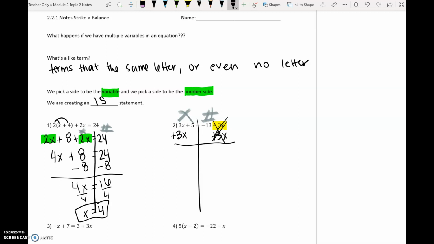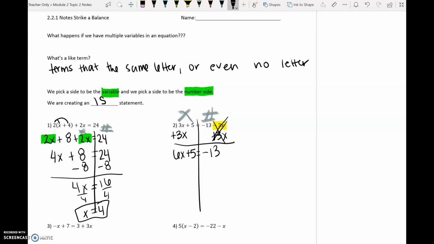Those are going to cancel, right? Make 0. And I'm going to have 3x plus 3x, that's 6x. Notice I didn't do anything with the 5 because that is not a like term. That is a number, a constant. I have to put my x's together as like terms. So now I have all my x's on the same side, and so I want to move my numbers to this side.